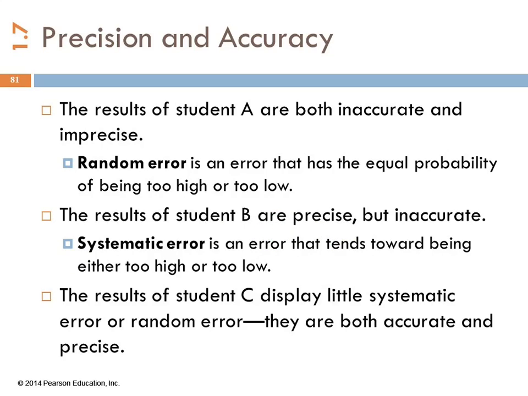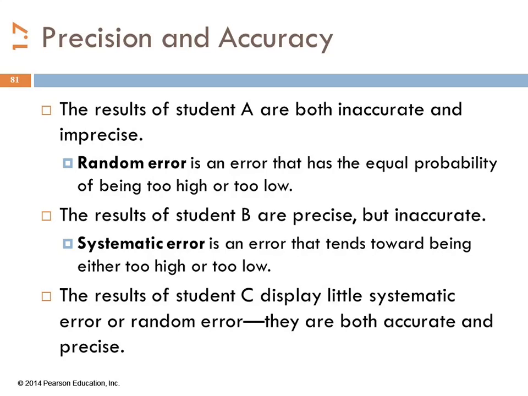We don't see a lot of spread in the data, but it's inaccurate, and that suggests a systematic error. A systematic error is going to tend in one direction or the other, too high or too low. If you're weighing apples at the store, and every time you weigh them, you have your thumb on the scale, all your weights are going to be too high, right? Because you've got the mass of your thumb pressing down on the scale. That's an example of a systematic error.